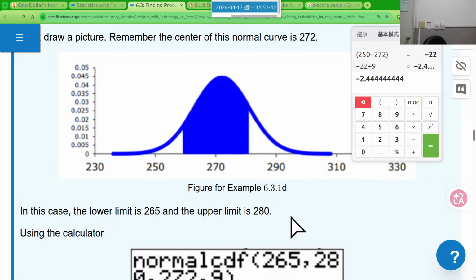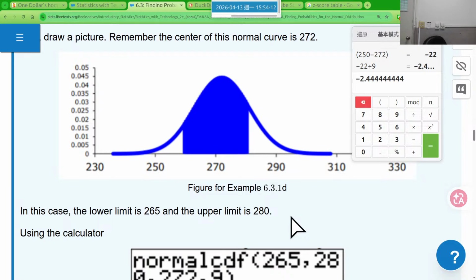Okay. First of all, we know the 280 is here. We got the area to the left side is over here. And then we got the second one, 265. The location is here. Then we can calculate the area from here, right?